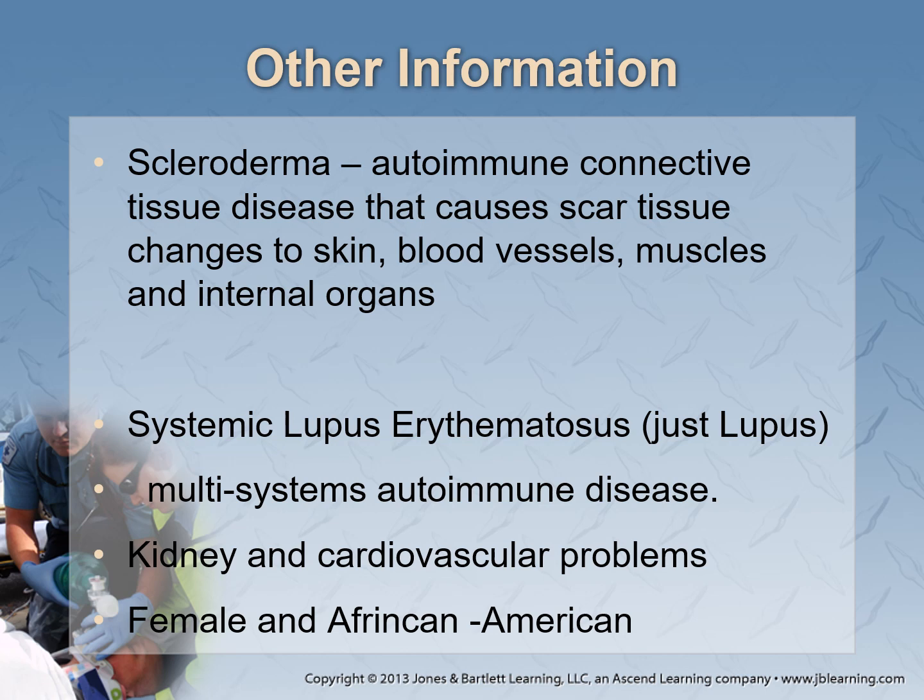You can just call that lupus. That's a multi-system autoimmune disease. It gives you bad kidney and cardiovascular problems. Females and African Americans are at the highest chances of getting that. I think Asian is another one.